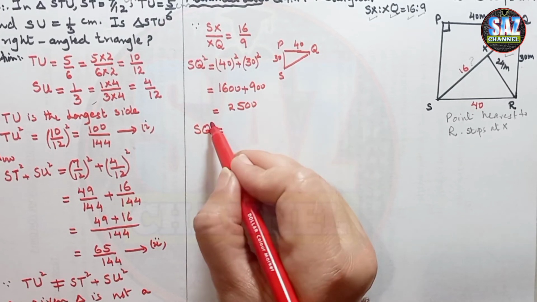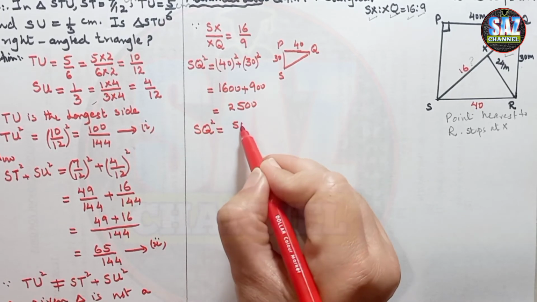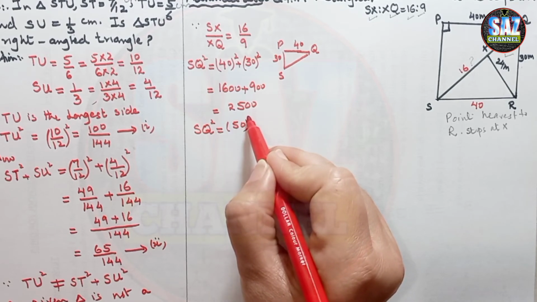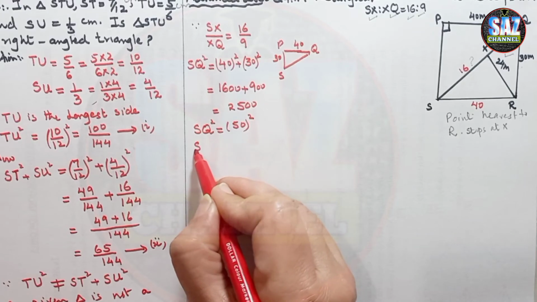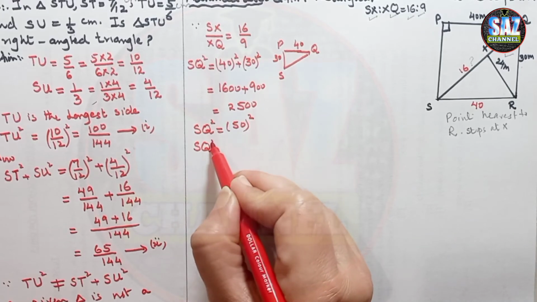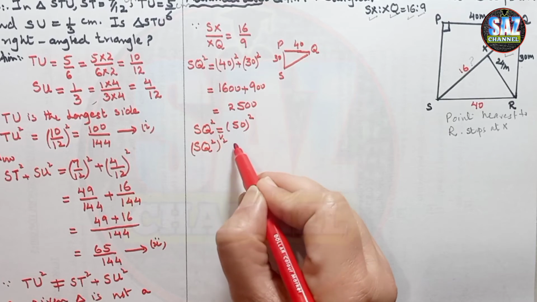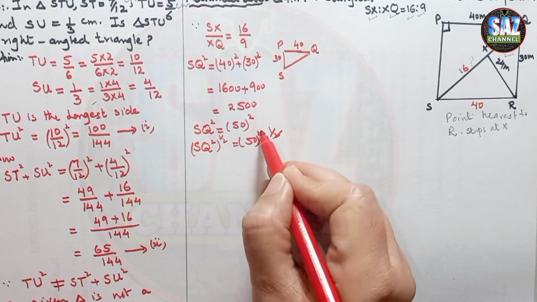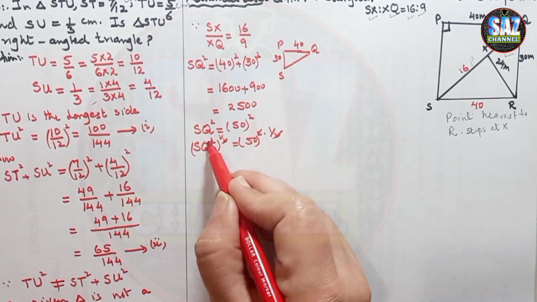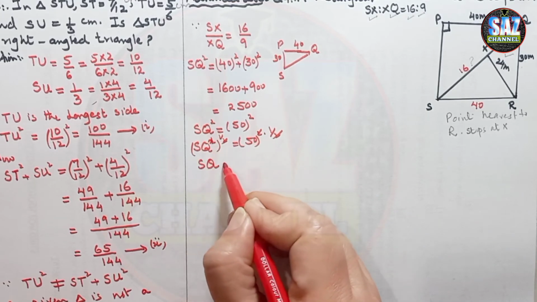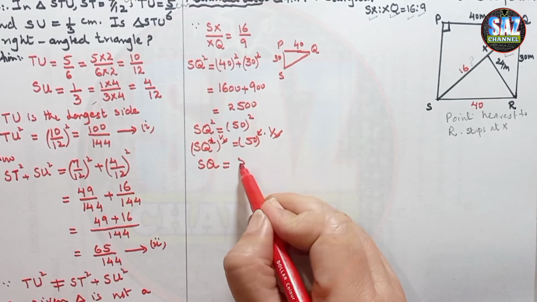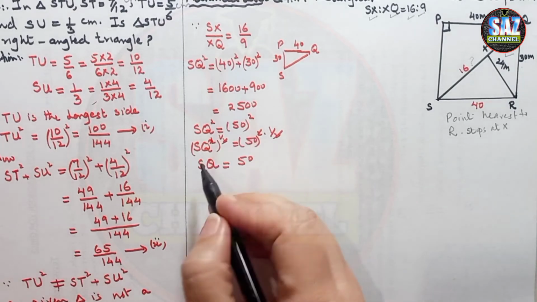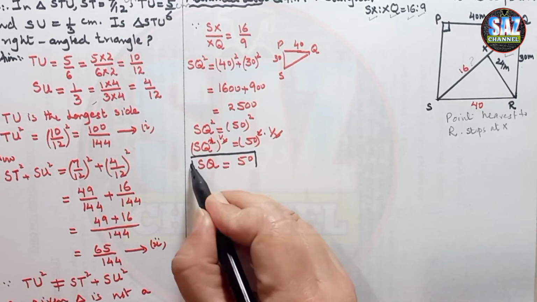For SQ, recall the previous lesson: I have to think of the number whose square is 2500, that is 50. Taking the square root on both sides, SQ, the length of the diagonal, is 50. Let me box the answer so that you can see this calculation easily.